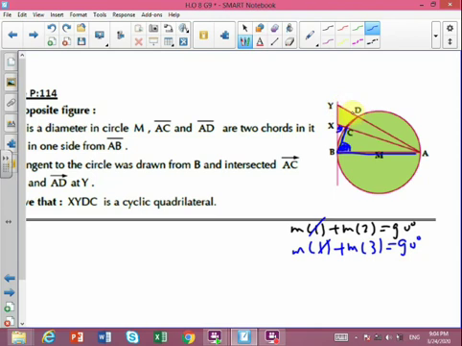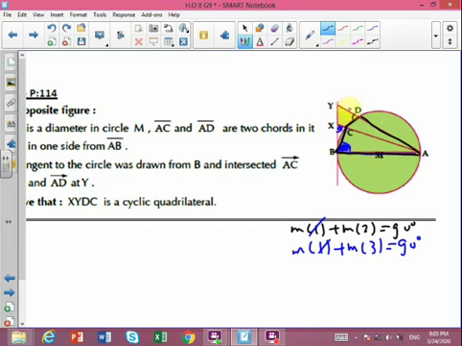This angle is an exterior angle of the cyclic quadrilateral ABCD. There is another cyclic quadrilateral here, a small one, ABCD. This is cyclic. So the angle YDC is exterior to which one? It's exterior to the quadrilateral ABCD.